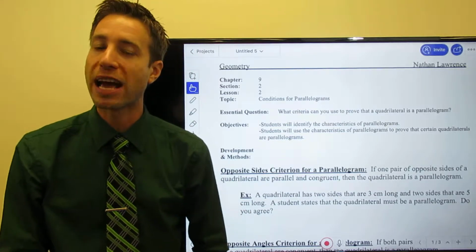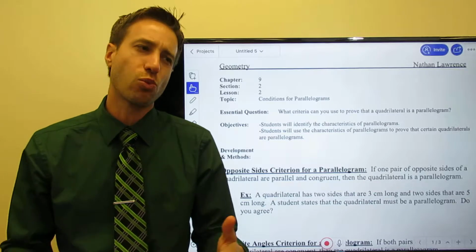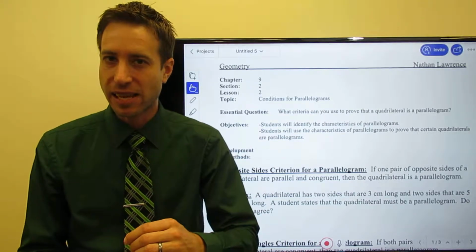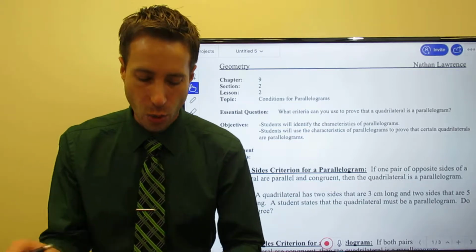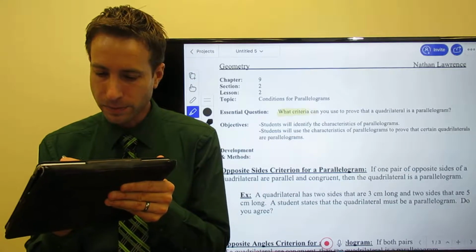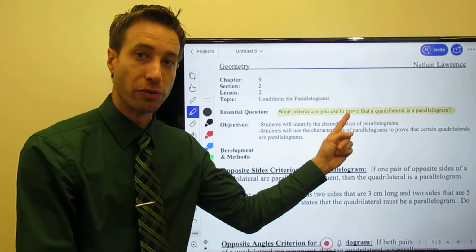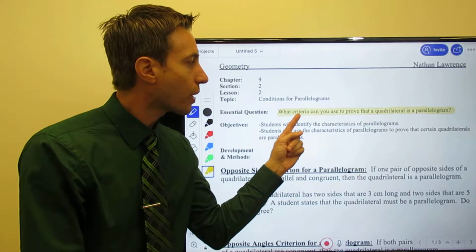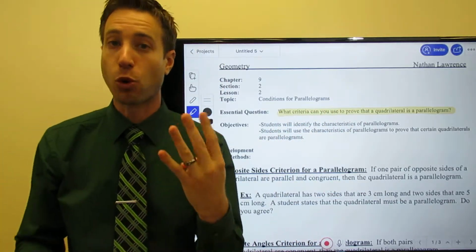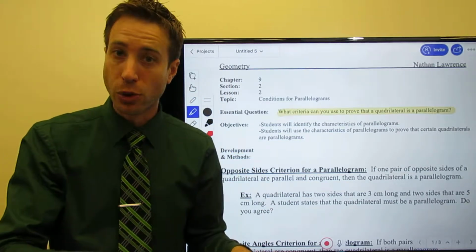Now, before I get too far ahead of myself, as we always do, let's start with our essential question. What is the main question we want to answer in this set of videos, and how we're going to go about doing that? You can see it right in here: prove. I want to know, what criteria can you use to prove that a quadrilateral, a four-sided figure, is also a parallelogram?